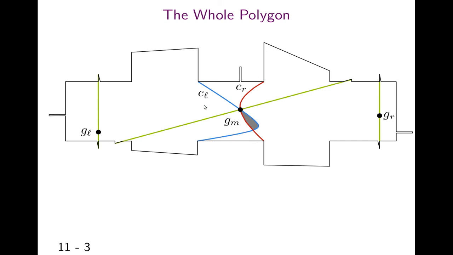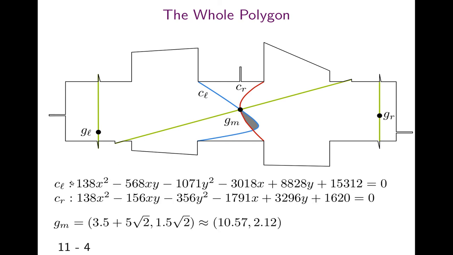So the only possible placement of this guard is exactly here. With some computer algebra system, we can compute these two curves CL and CR, and there's an intersection point, and we see that it's irrational, and that's the only possible placement. And that's the end of the proof. Right? Pretty simple.